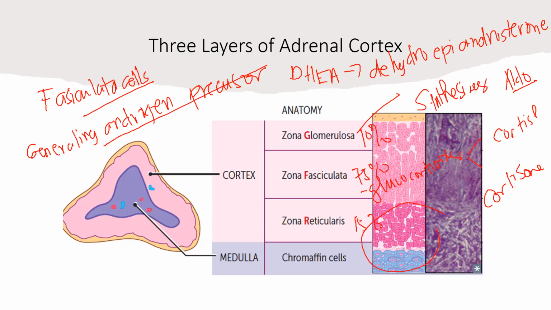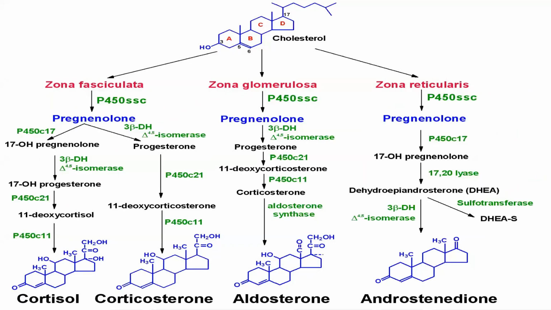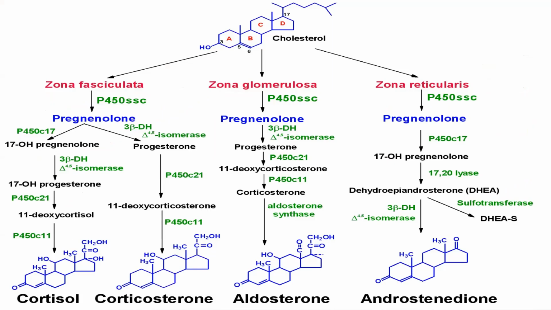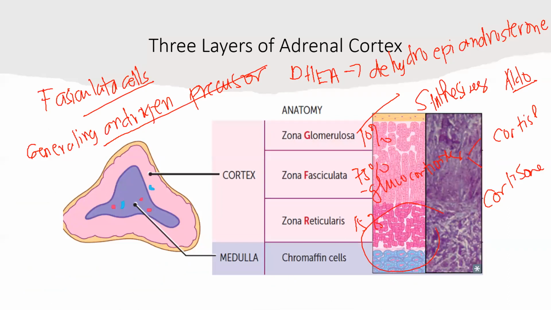Okay? Moving forward, this is how our hormones are being produced. Now, like what I've said, the zona fasciculata is the one responsible for the secretion of our glucocorticoids. Okay? Fasciculata, glucocorticoids; glomerulosa, mineralocorticoids. Medyo magkaiba lang, no?